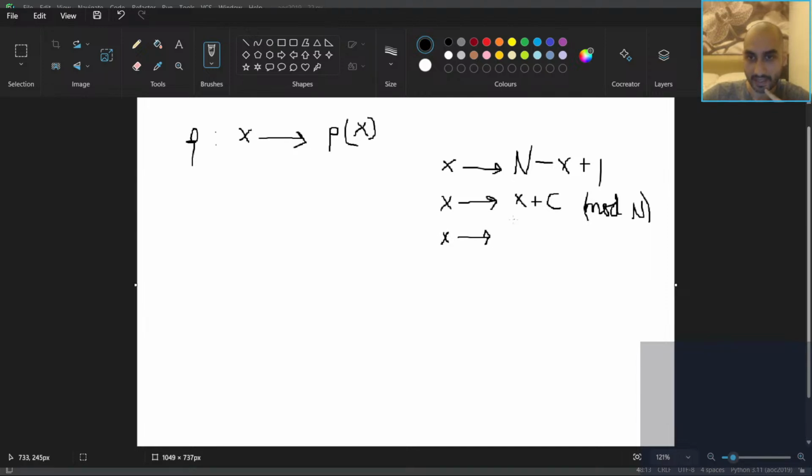So if you do increment k, it's essentially k x mod n. All right. So if you look at these, they're all linear functions. So if you do any combination of these, any number of times, it all equates to some linear function x to a x plus b.